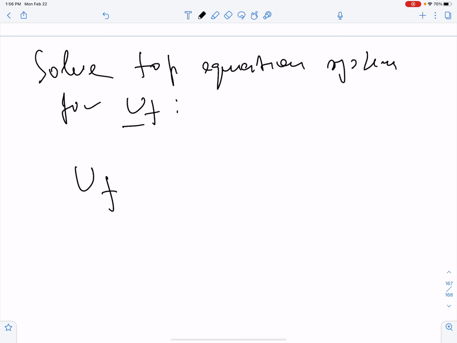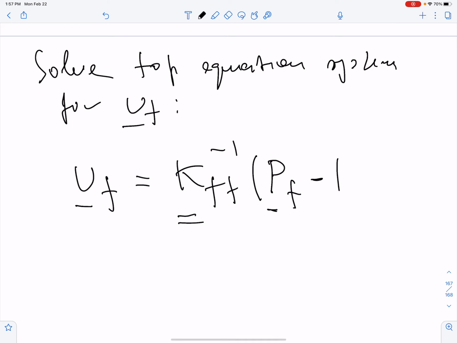Your UF equals, you take the KFF, you take its inverse, using whatever linear algebra methods that you're familiar with. And MATLAB will do what it'll do. And that multiplies PF minus KFD UD. And so this becomes your solution now.